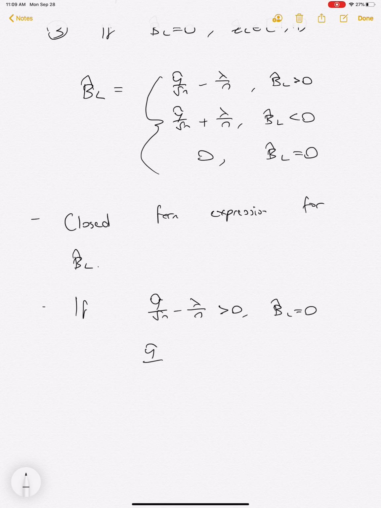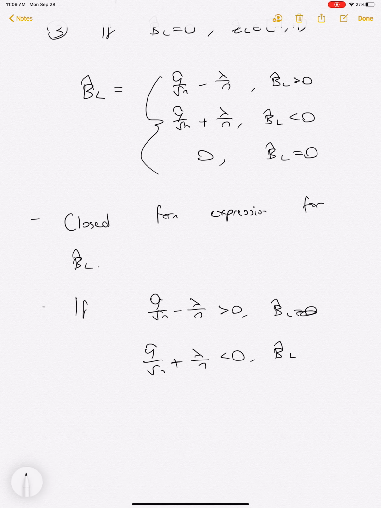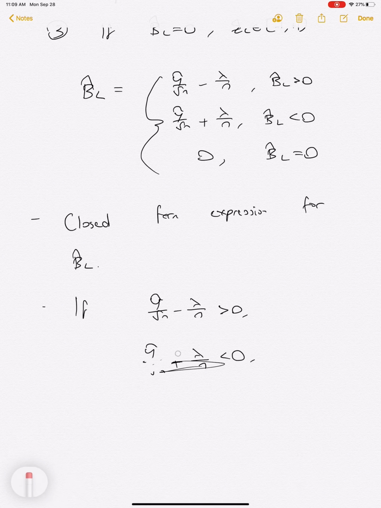If y tilde over square root of n plus lambda over n is smaller than 0, then beta hat L is that value. This is another way to express it, so let me just express it this way. I think this is the easiest way.